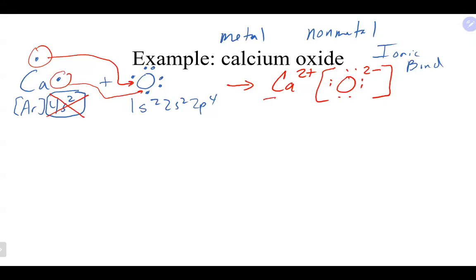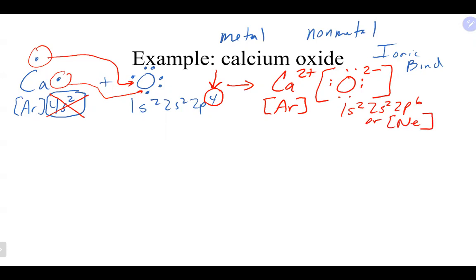And that brings our calcium to argon's configuration, which again is a noble gas configuration and really stable. Those 2 electrons that calcium lost can find a home right there in the 2p subshell. And that would give our oxygen here with a -2 charge, our oxide, 1s2, 2s2, 2p6, which again is neon's configuration.